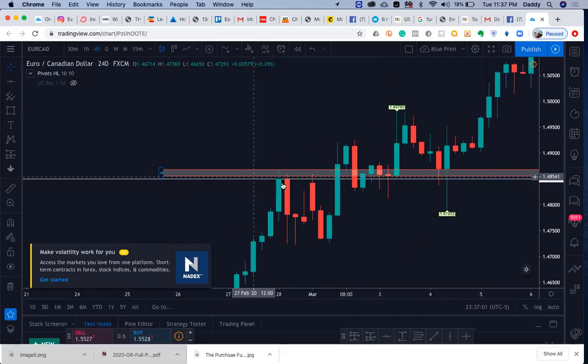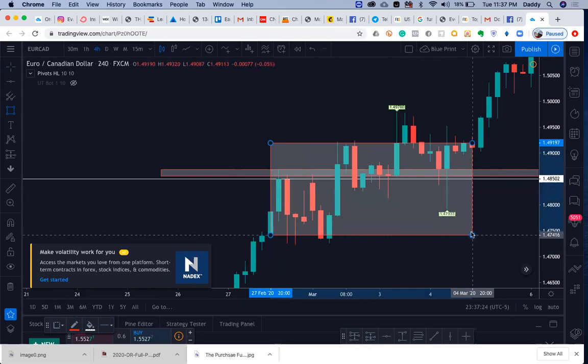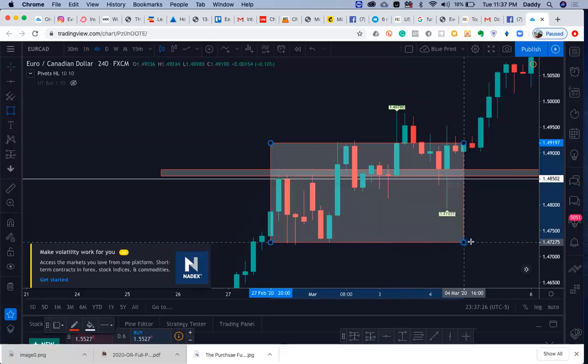when price gets to a zone like this, there is going to be a lot of testing and retesting and testing and retesting. If you want to see, this whole cluster of candles that keeps ranging is nothing more than consolidation.